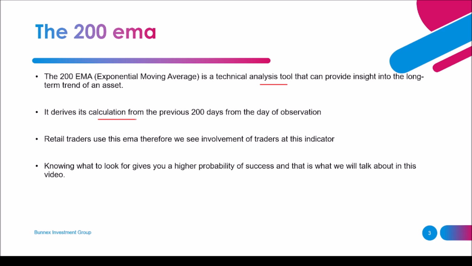So basically, what makes this EMA special? It is because a lot of retail traders, including me and you, use this EMA. Therefore, we see a lot of involvement of traders at this particular indicator zone. So if that is the case, it means even the market makers are also interested in taking their orders within this particular phase.